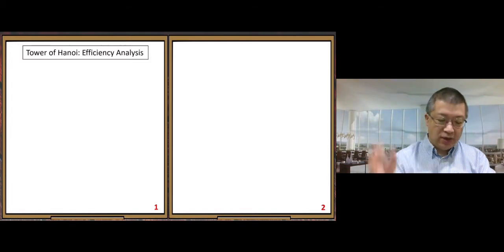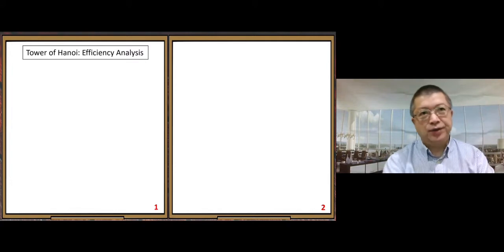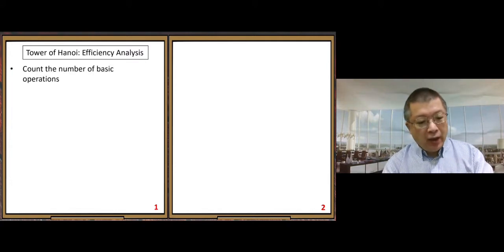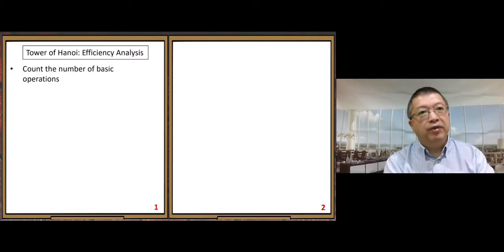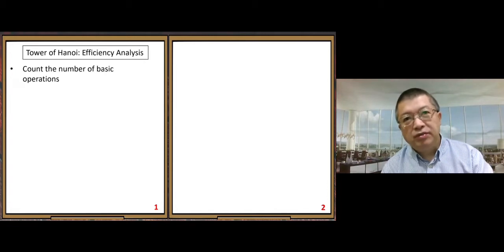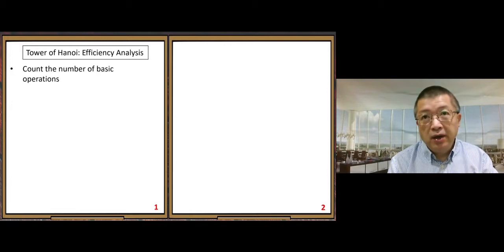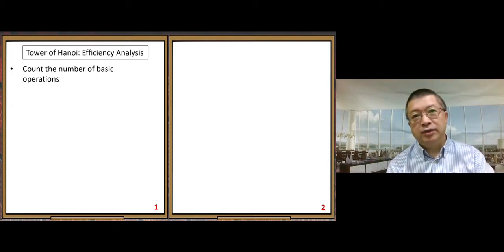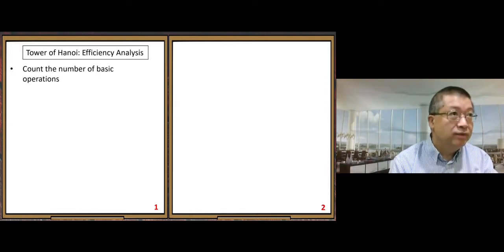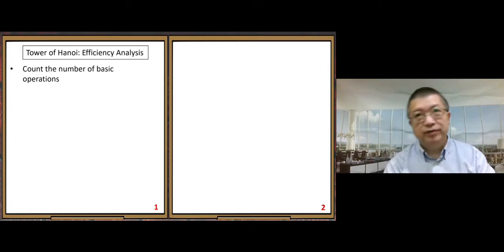Okay, so let's do the efficiency analysis. Let us count the number of basic operations. So what is the basic operation in the Tower of Hanoi problem? Very simple, right? Disk move.